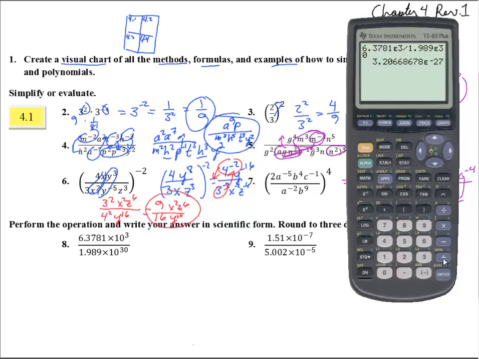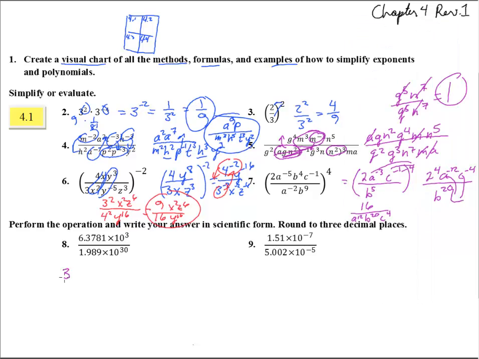We stick that in. Ooh, look at that number. And it says to round to 3 decimal places. So 3.20 looks like 7. 3.207 times 10 to the negative 27th power.